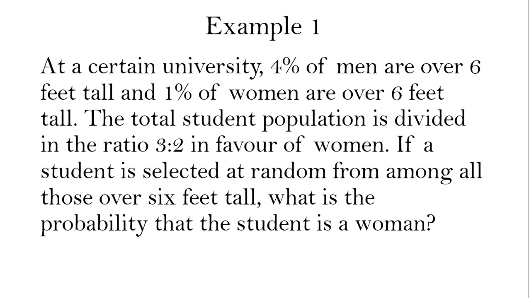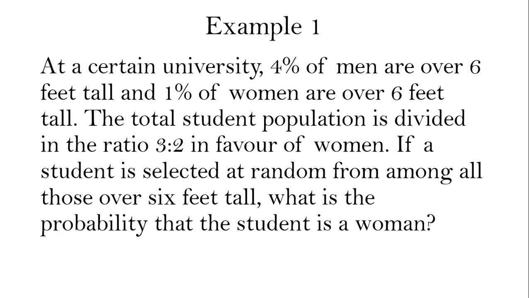They are also telling us the total student population is divided in the ratio of 3 to 2. So we already have the probability that a student is male, or the probability that a student is female. The 3 to 2 is in favor of women. We shall come back and look at the interpretation of the probabilities.